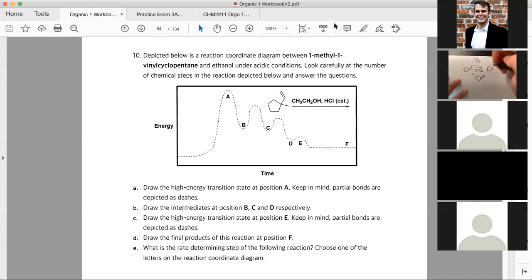Let's call this 5, 6, 4, okay, 3. So look at 3. I pulled electrons away from 3. We had a methyl group on 3, so that's the methyl that's already present. And it looks like we took electrons away from 3, so it's going to be positive now. I mean, not partially, fully positive.